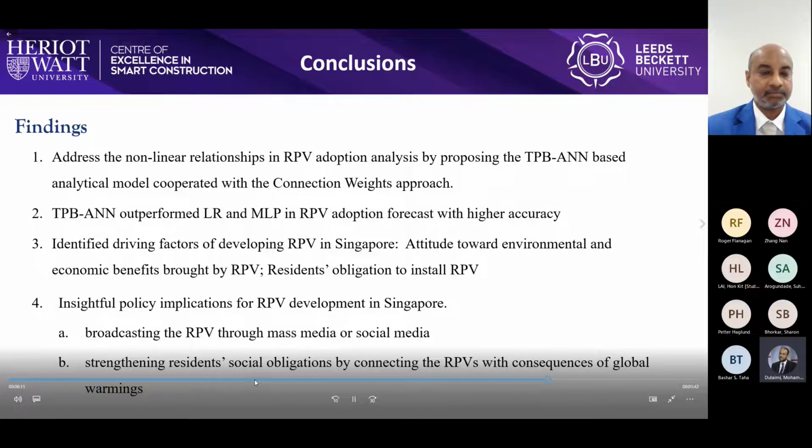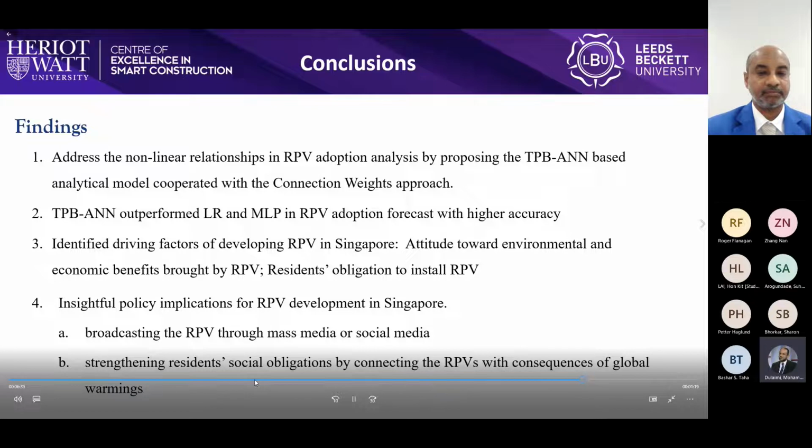In conclusion, the study addresses the nonlinear relationship in RPV adoption analysis by proposing a TPB integrated AN model cooperated with connection weight approach. By implementing the proposed model in the case study of the RPV adoption in Singapore, the results confirm that TPB-AN outperformed the LR and MLP.